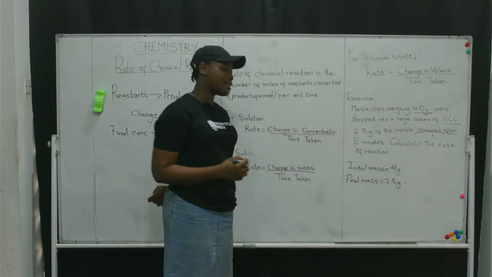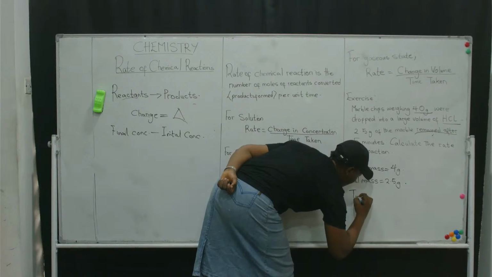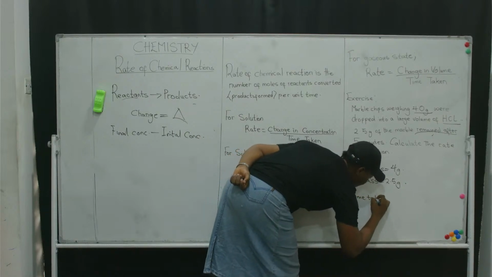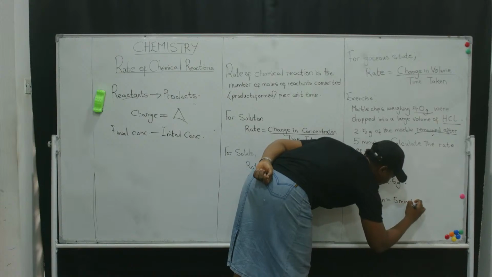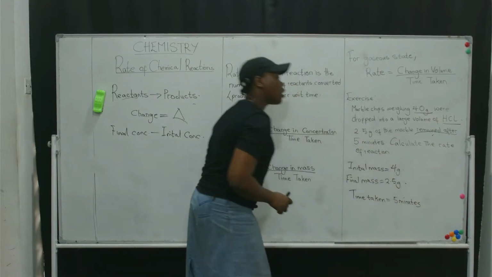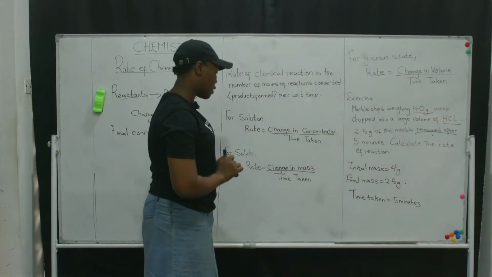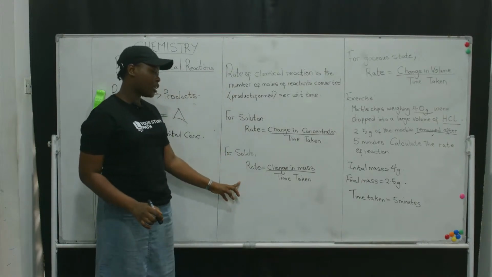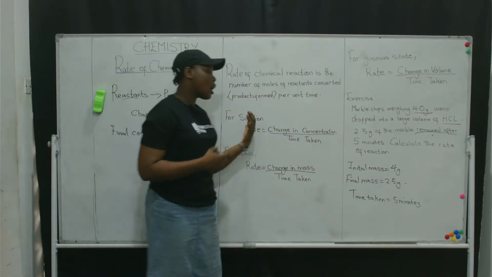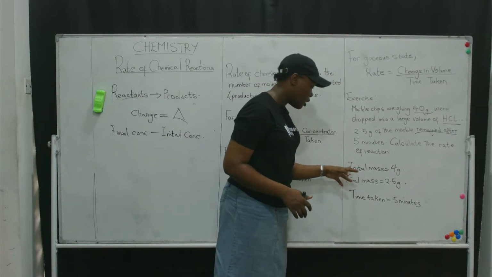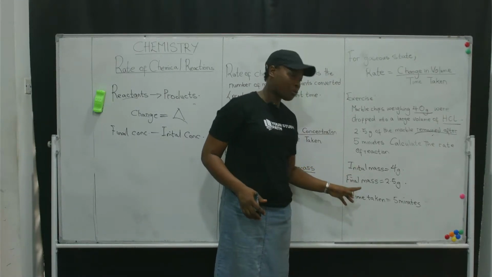After 5 minutes, that means the time taken is 5 minutes. Calculate the rate of reaction. We'll definitely go with this formula, change in mass. So that's the first thing we need to calculate. And we know change in mass would be the initial minus the final.